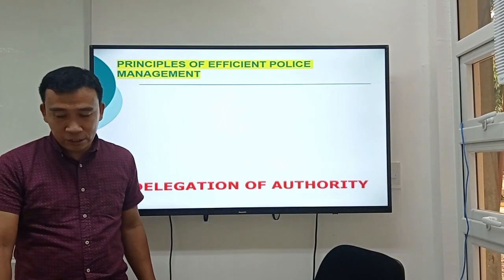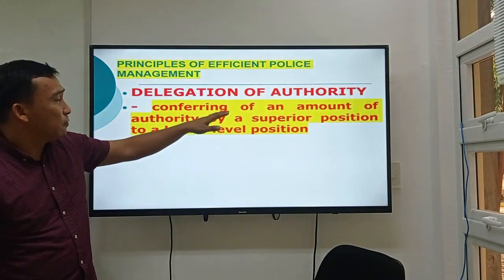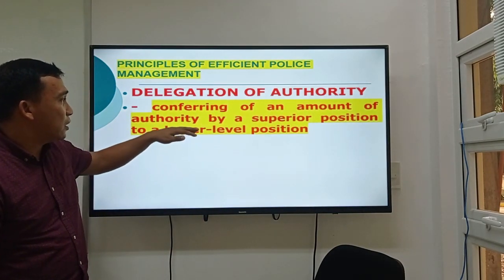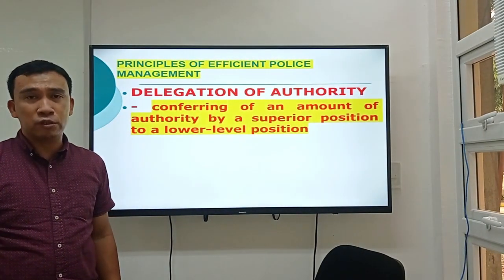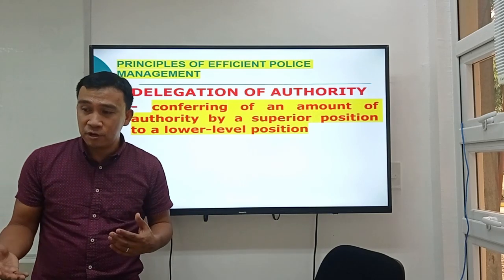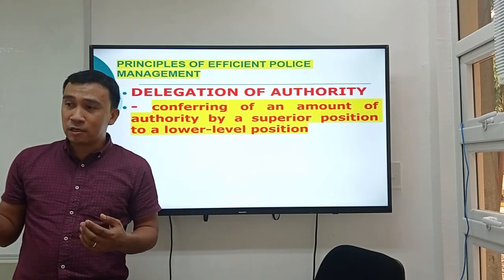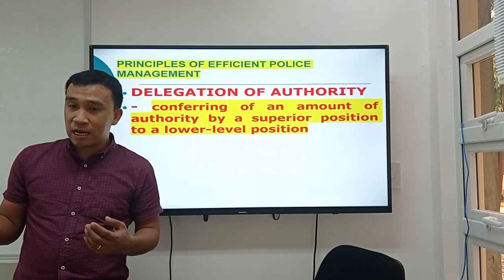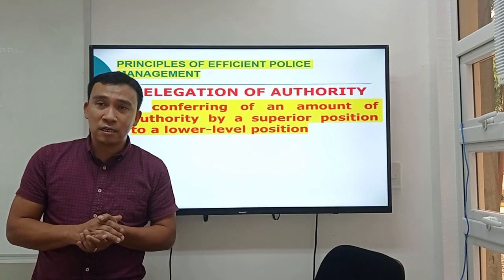Next, delegation of authority means conferring of an amount of authority by a superior position to a lower level position. Okay? Ibibigyan mo sila ng authority na tumayo as if na sila ang head at sila ang in charge doon sa trabaho na yan.